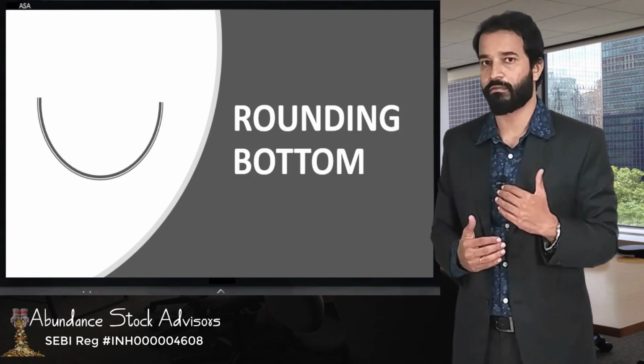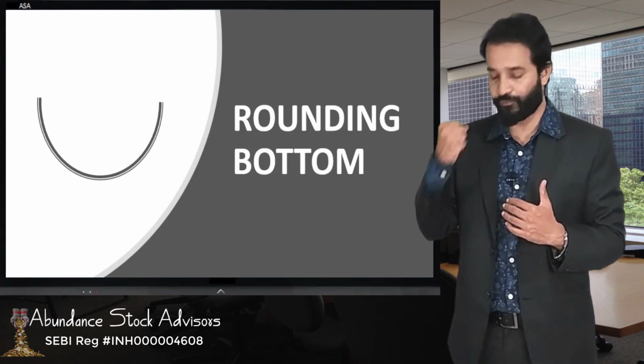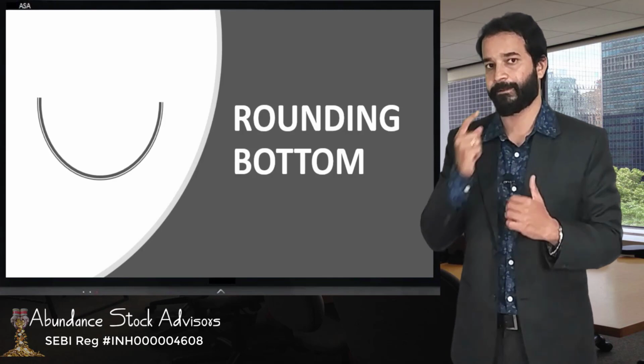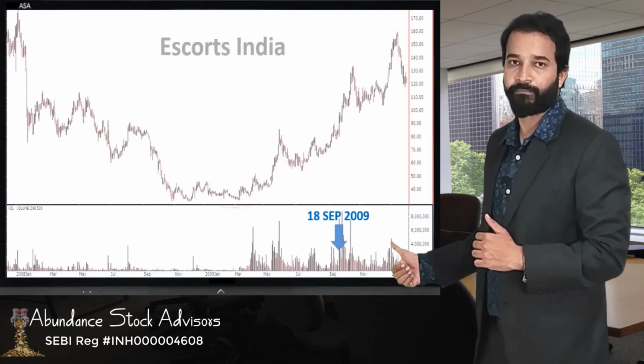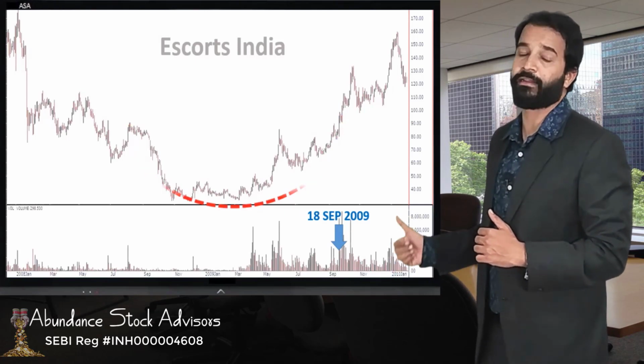It does a turnaround, it starts performing well again, and the stock is back in focus and drastically starts moving up again. So on 18th September 2009, Escorts India showed a rounding bottom pattern.